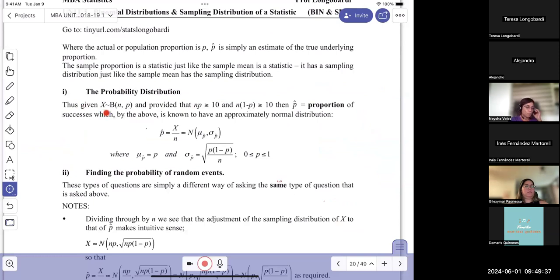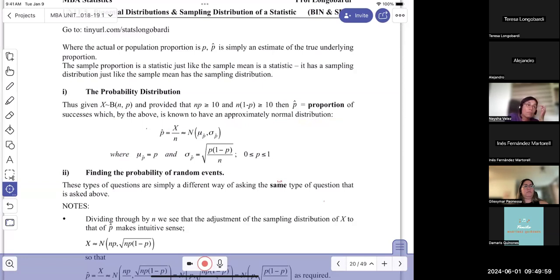Given X is binomial n, p and provided that this approximation applies, the approximation we talked about, then p hat is the proportion of successes, not number or count, the proportion of successes, which by the above is known to have approximately normal distribution.